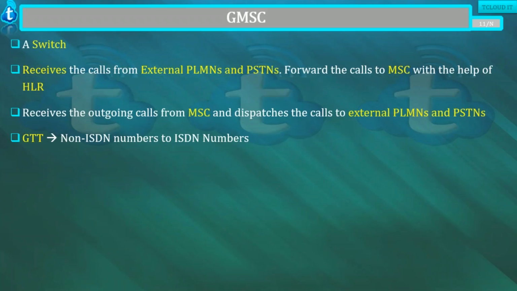It is not following the ISDN number format. For example, any number which contains a country code in front of it, like +91, we typically say is in ISDN number format. But your toll-free number like the 1800 series will not have a country code in front of it. So it is not an ISDN number.